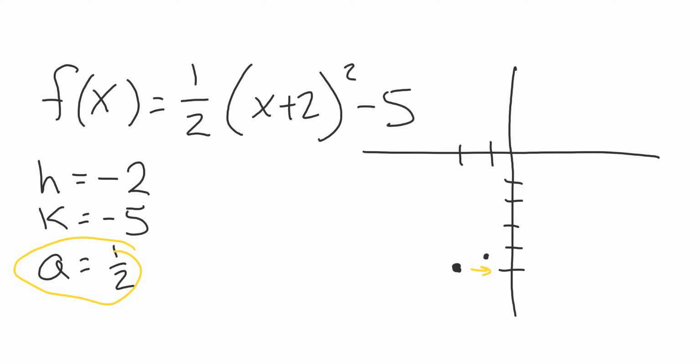And when we first step just 1 to the left, we are also only going to increase by a 1/2. So notice how we're not increasing by a whole 1. If a was 1, we would come up to here. But since a is 1/2, we're only increasing by a 1/2. And so that's why this parabola is going to be opening twice as wide as our other parabolas.